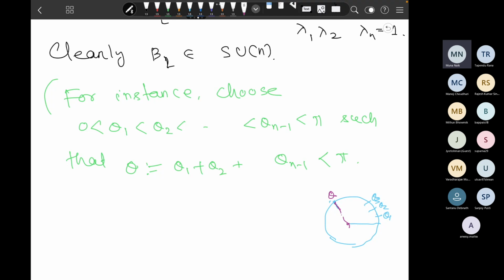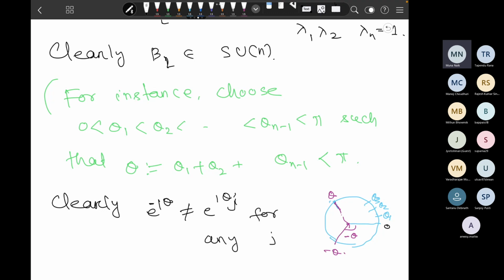And if you look at minus θ, that is really here. Now clearly, by this choice, e to the power iθ, e to the power −iθ is not equal to e to the power iθj, for any j with 1 ≤ j ≤ n−1.